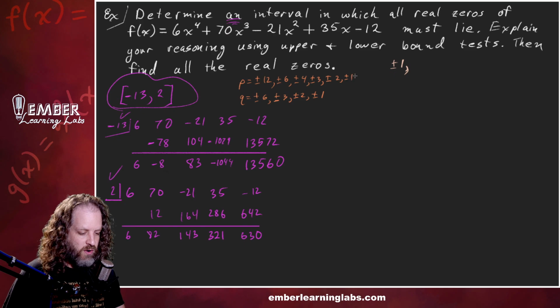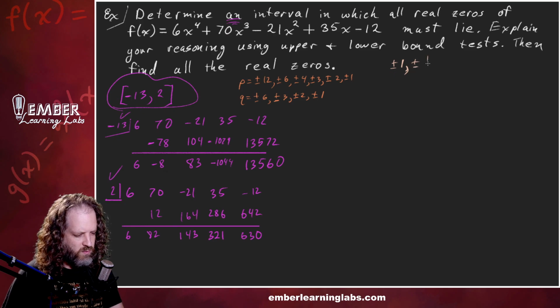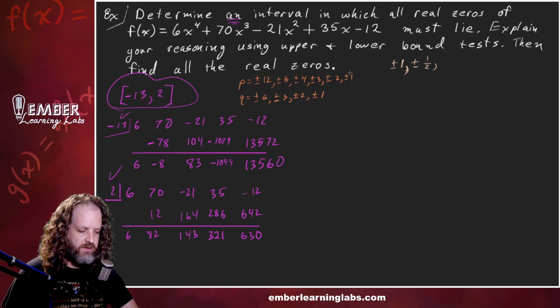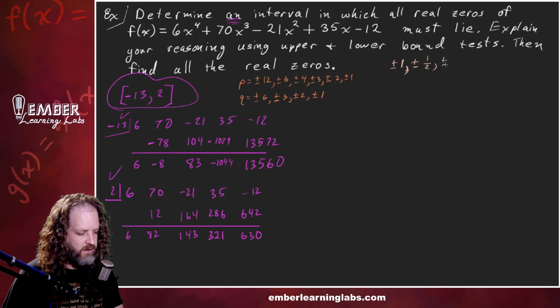Plus or minus 1 over 2, which also fits. Minus 1 over 2. Plus or minus 1 over 3, which also fits in this range. So it could be that plus or minus 1 over 6.